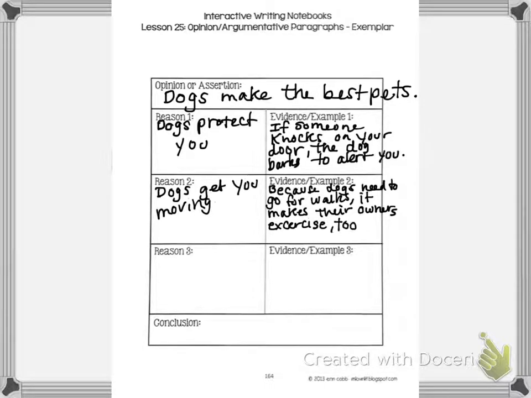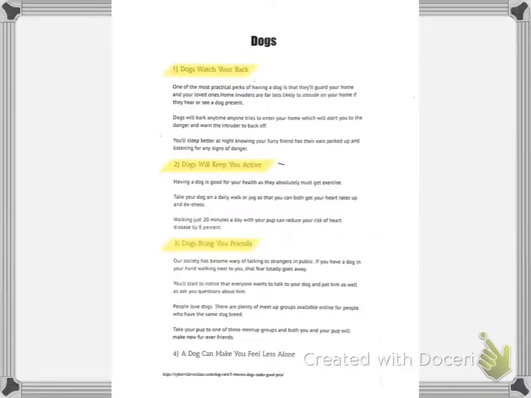That's a perk, right? That's a really good advantage. If you have a dog, it makes you get out and exercise. So that would be a great reason why dogs are a better pet, because they force you to be active and get outside. Okay, my third reason, let's see what my third reason was.